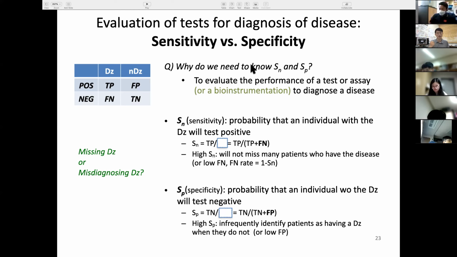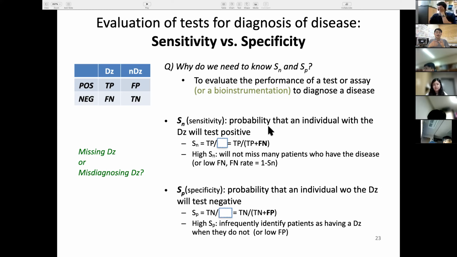Give them the number. This is where you need to know what sensitivity and specificity mean, because this is a critical performance characteristic of a test or assay or bioinstrumentation to diagnose a disease.